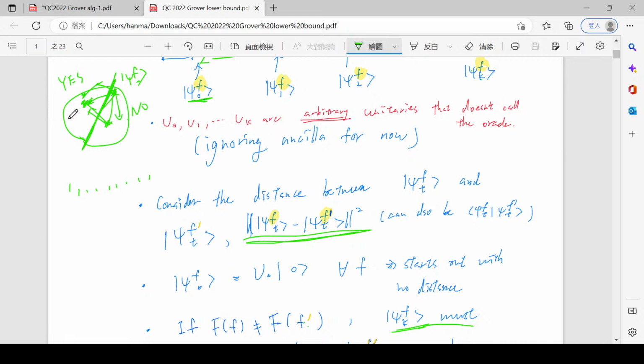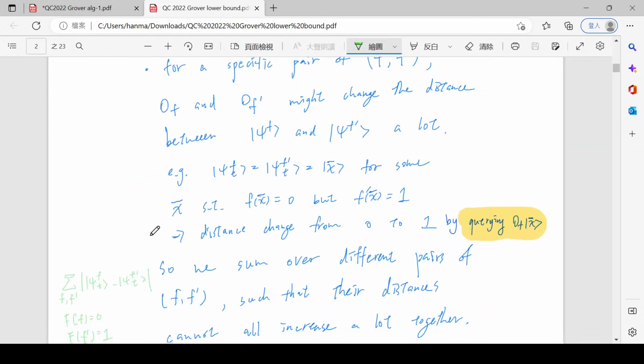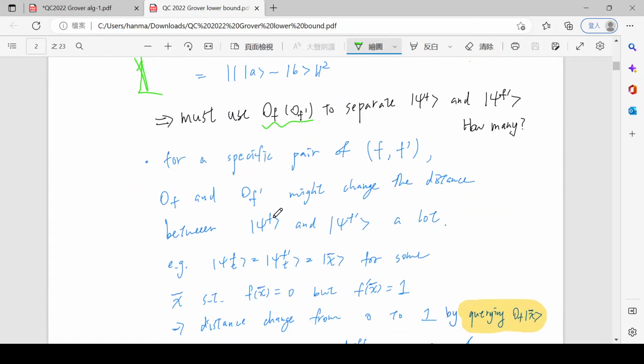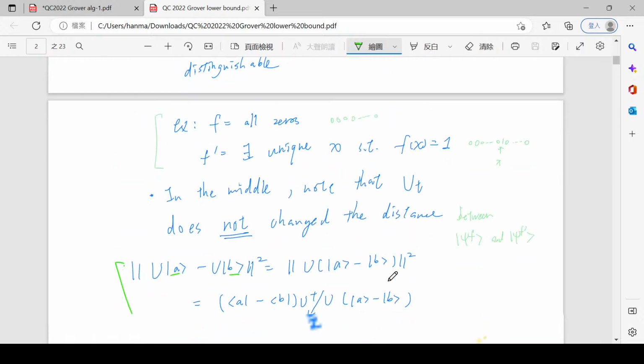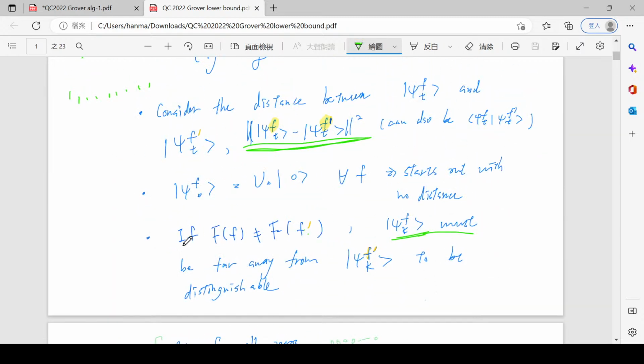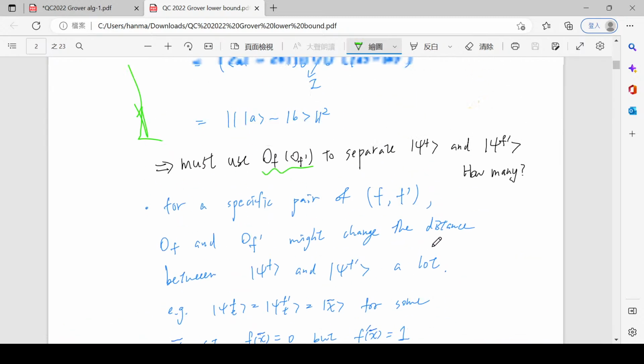Oh no, we are talking about one pair. So let's say we just have a pair of f and f prime such that big F of f doesn't equal big F of f prime. Let me write it here. Big F of f doesn't equal big F of f prime. And if we just track one pair, then how many of those queries do we need to use to separate them?